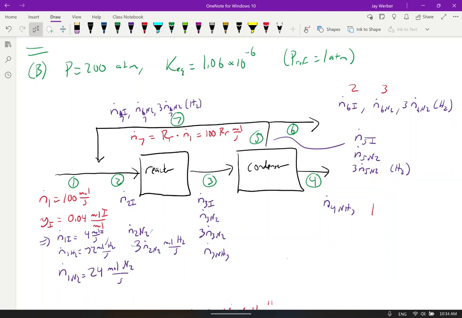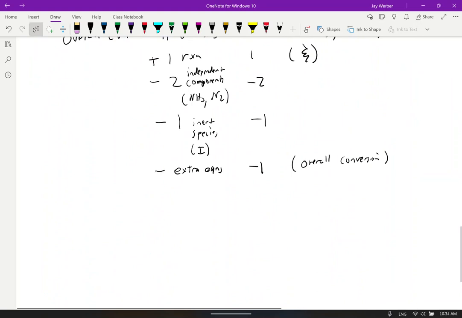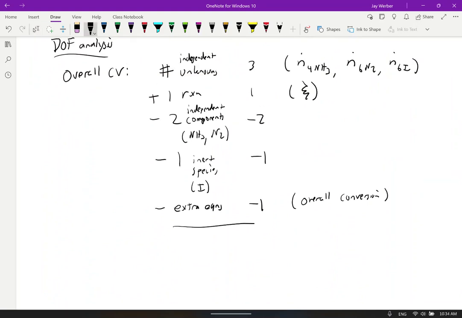So because the recycle goes back, the equilibrium sort of doesn't quite apply for the overall CV. So we're only going to have the overall conversion here. And so we have 3 plus 1 minus 2 minus 1 minus 1. So we have 0 as our degrees of freedom.